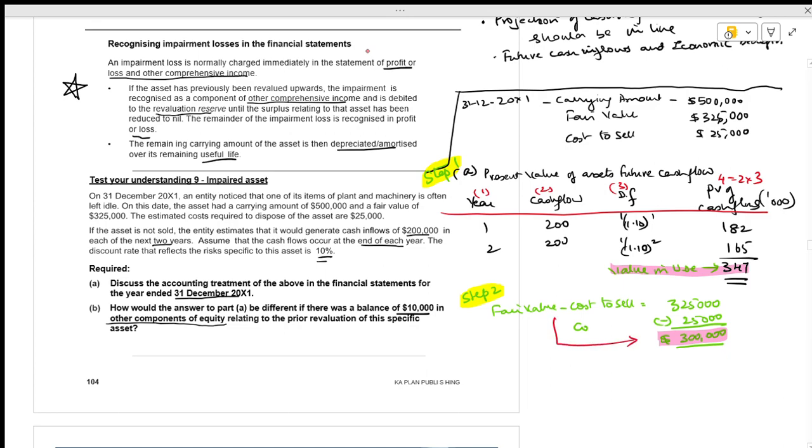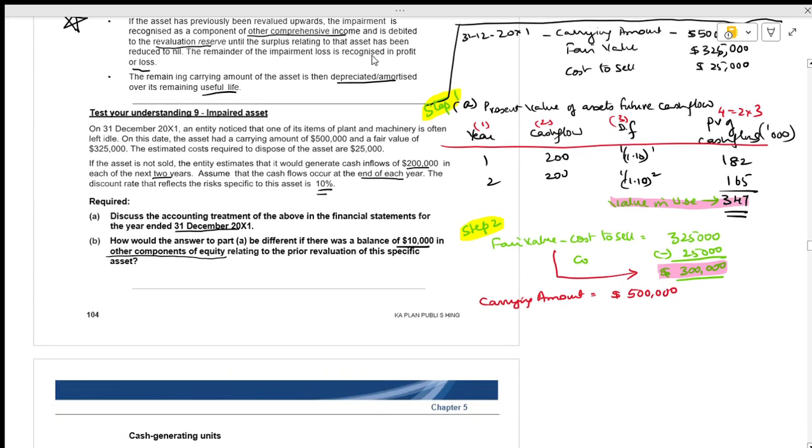Carrying amount is how much? Carrying amount is 500. Value in use is 347. Impairment is how much? The carrying amount is more.